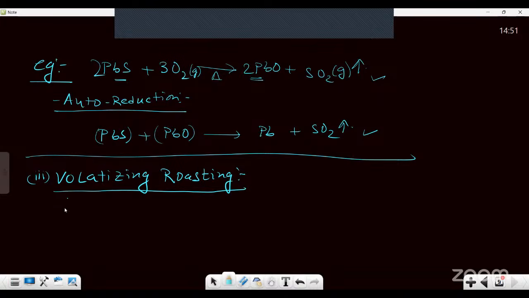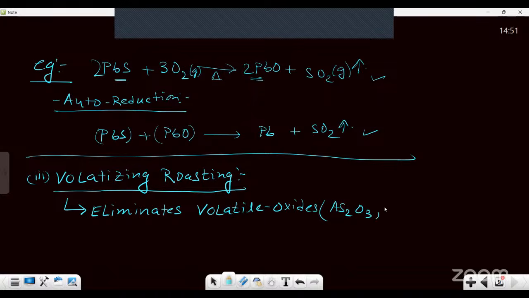So the main purpose of the volatilizing roasting is that it eliminates volatile oxides. And what are the volatile oxides? I can say As2O3. This is a volatile oxide. Sb2O3. This is a volatile oxide. And Zn. These are all my volatile oxides.